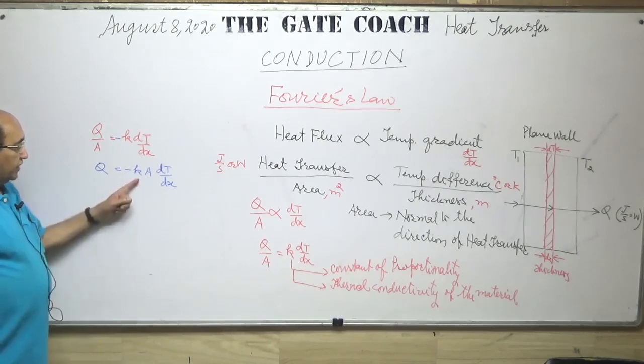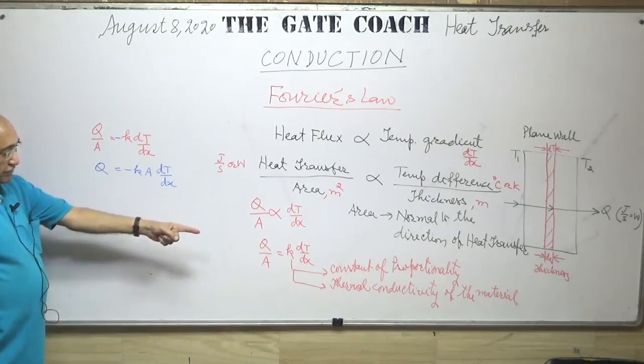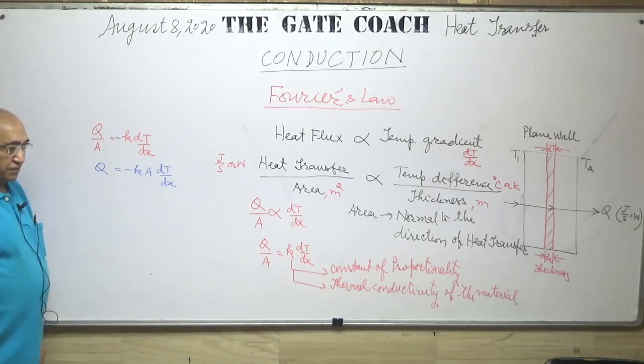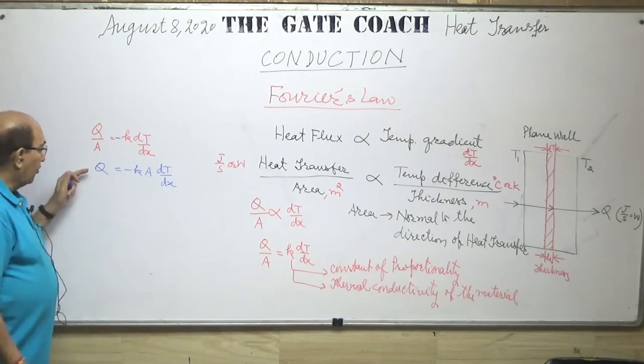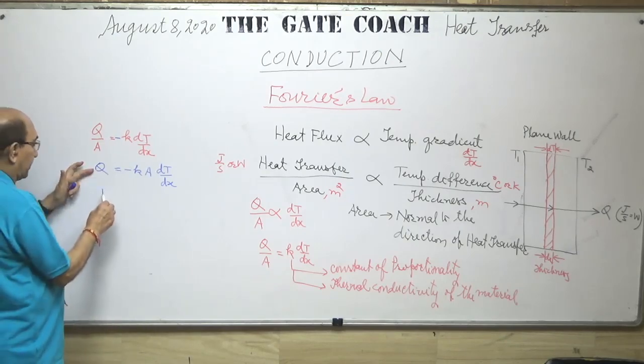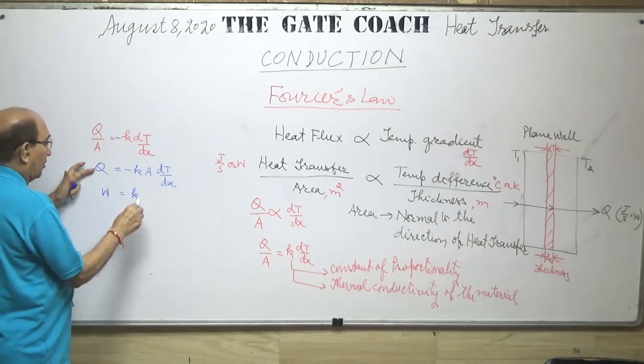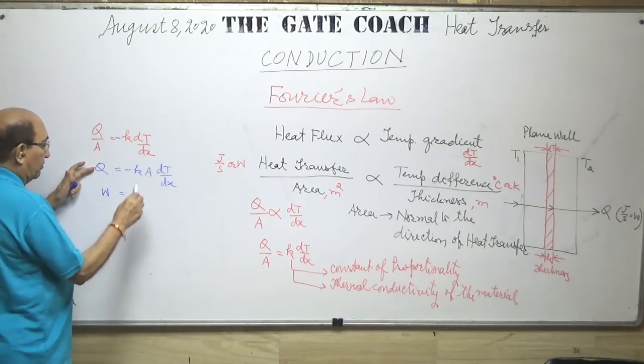Now friends, K we have used as the constant of proportionality, which is named as thermal conductivity of the material. Let us see its units. Q was joule per second, watt. K I am interested to know.